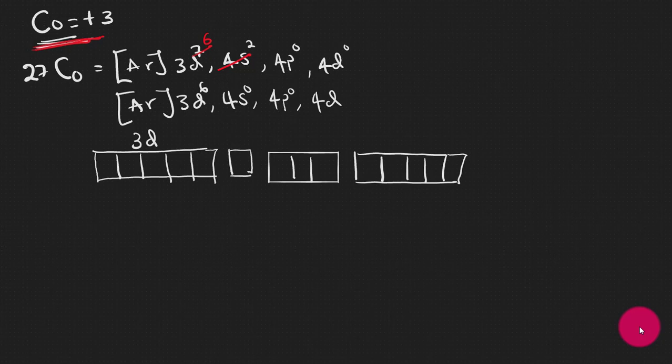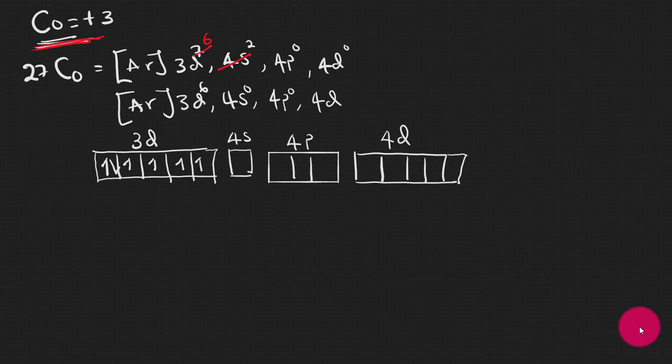So this is 4s, this is 4p, and this is 4d. Now remember that we have 6 electrons, so we're going to enter 6 electrons singly before pairing: 1, 2, 3, 4, 5, and 6. So this is the orbital and the electrons of the central metal.